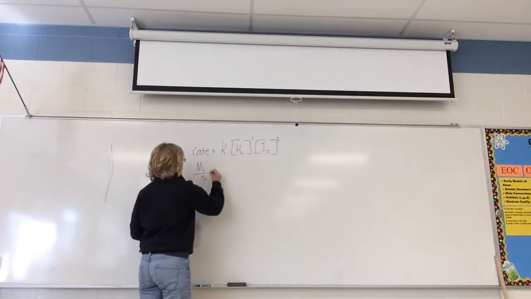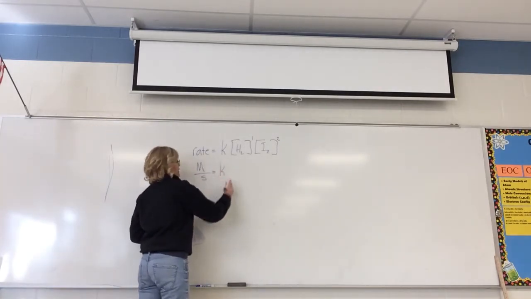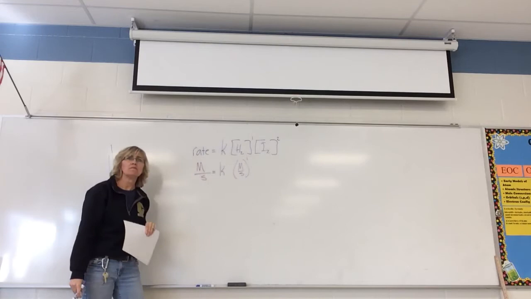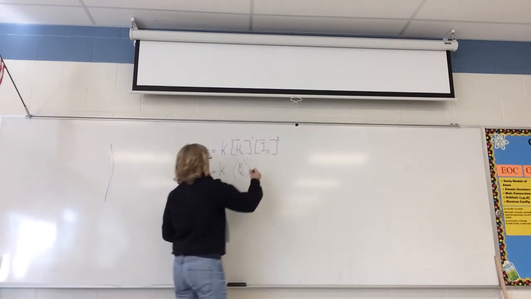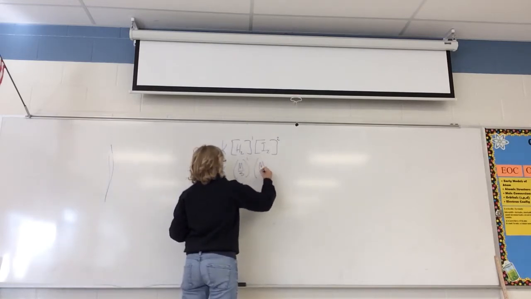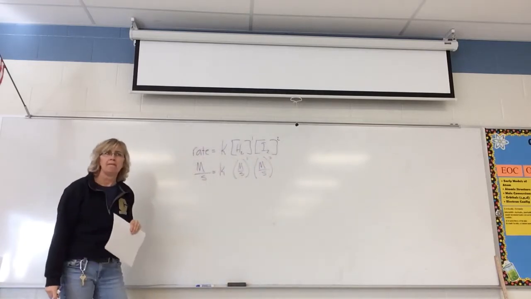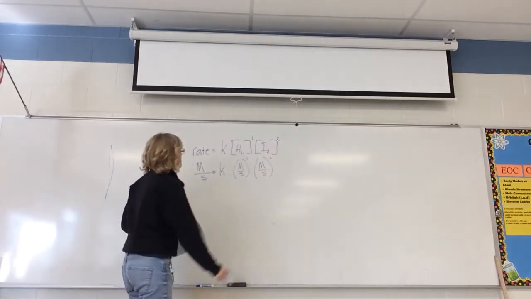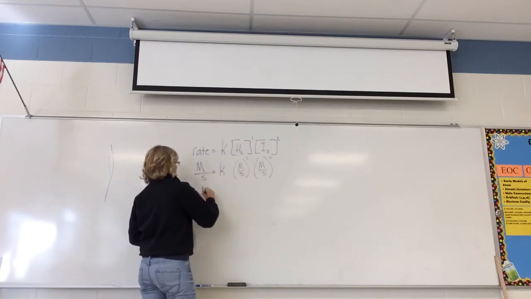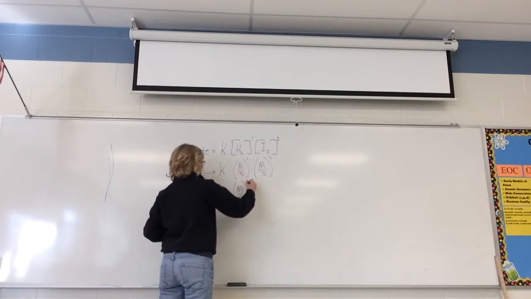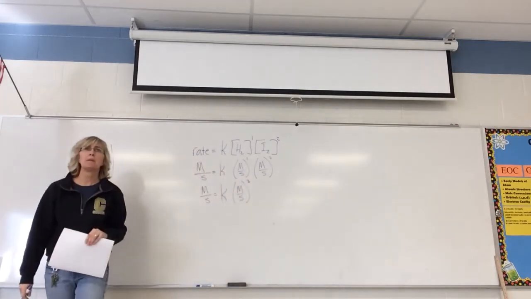So now we have K, and this is molarity to the 1, and this is molarity squared, right? So this is molarity over seconds, and technically this would be cubed. Does that make sense?